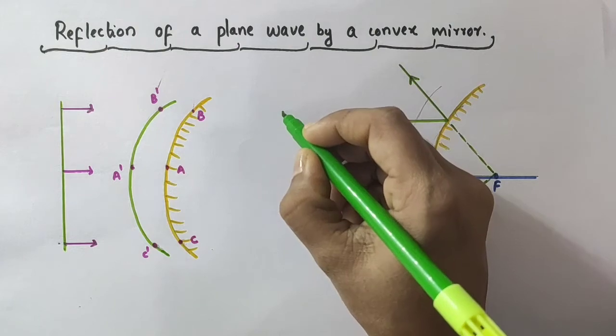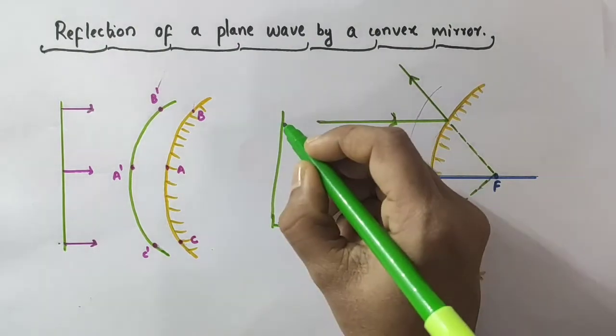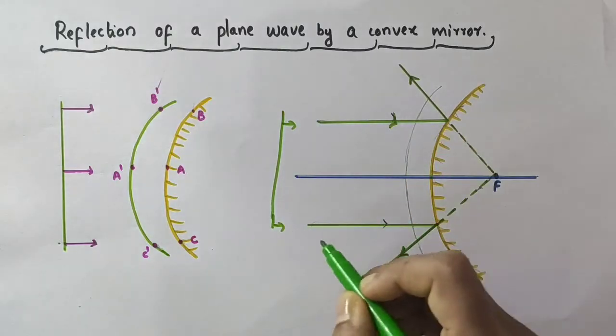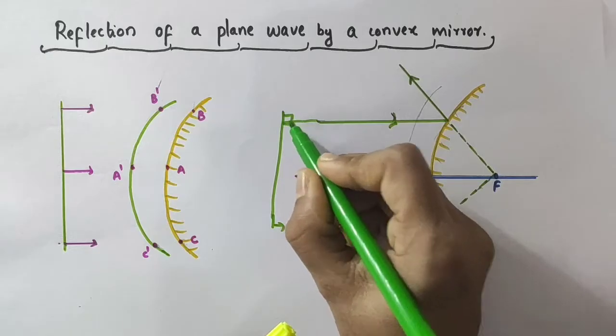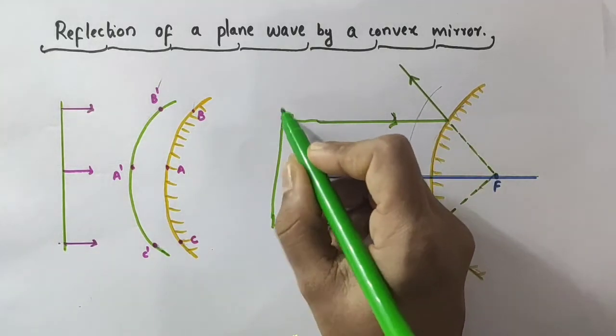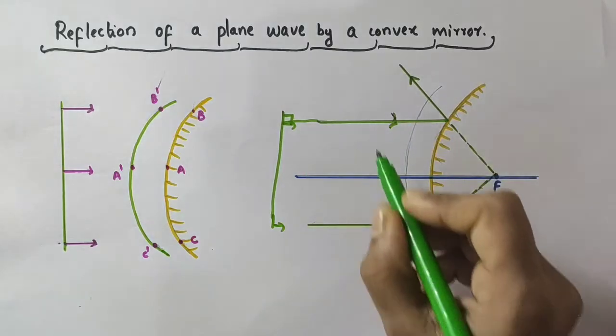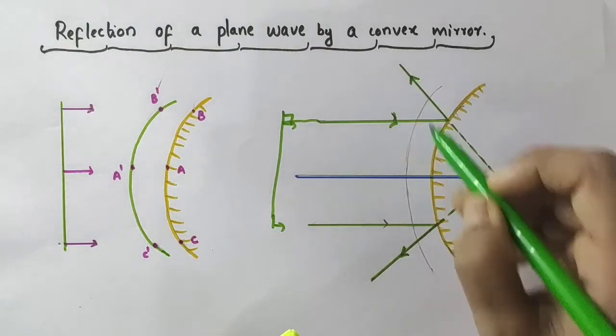Now, when we consider a plane wavefront, the corresponding rays are what? Perpendicular to the wavefront. So the corresponding rays will be like this, because only then does this make a 90-degree angle. So the corresponding rays are perpendicular to this plane wavefront and parallel to each other. After reflection, we are getting the reflected rays like this.